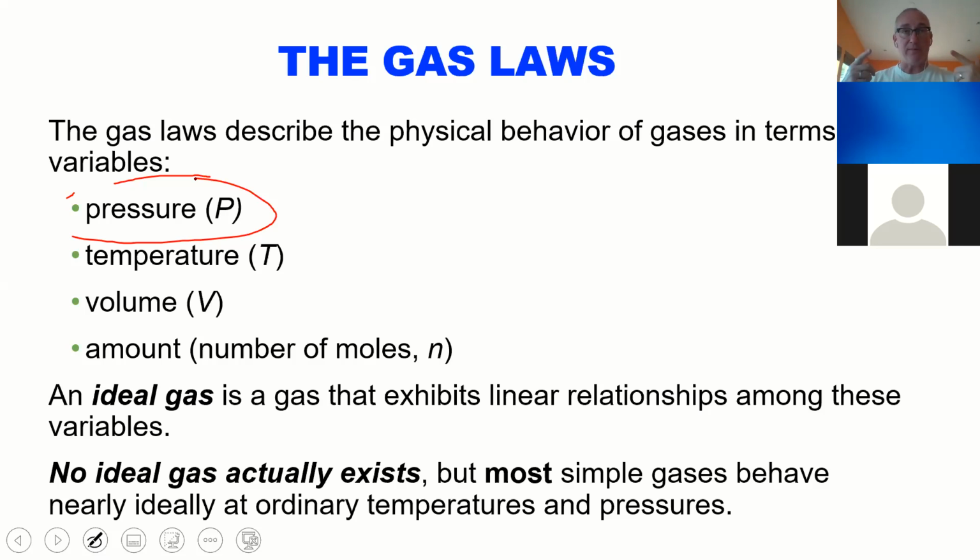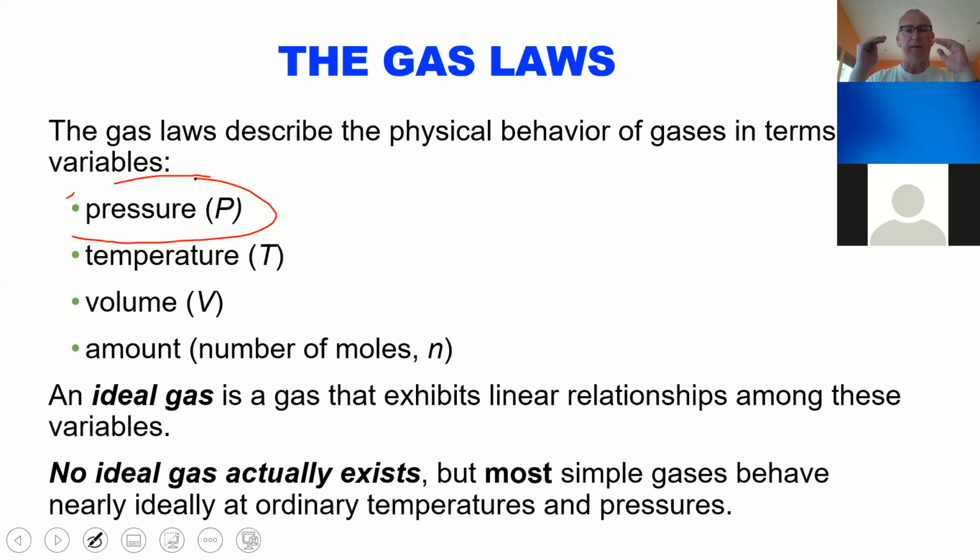Since one of the things we're going to be learning about is the kinetic molecular model of gases, and when you think about these things zipping around, the fact that hitting the side of the container results in pressure actually makes a lot of sense when you think about the gas laws. Because let's think of it this way.